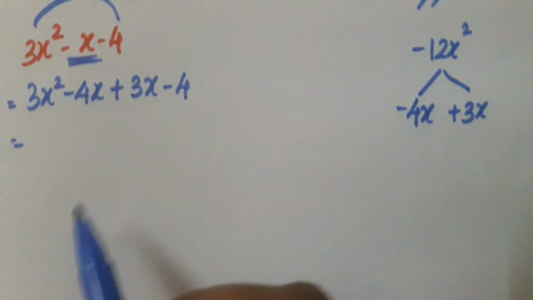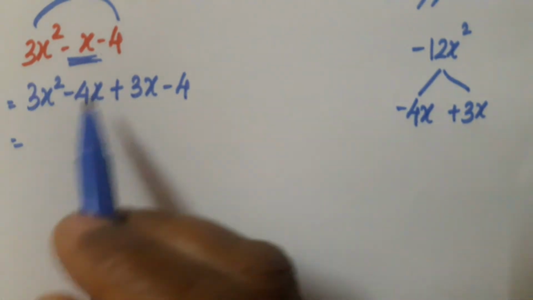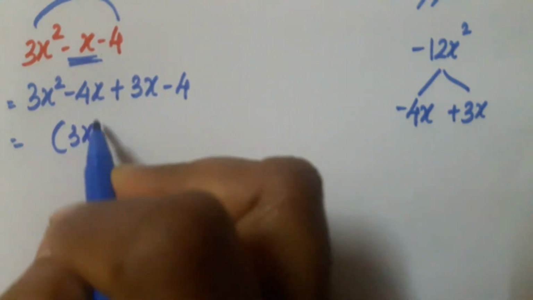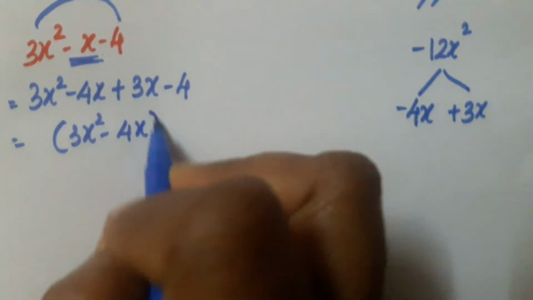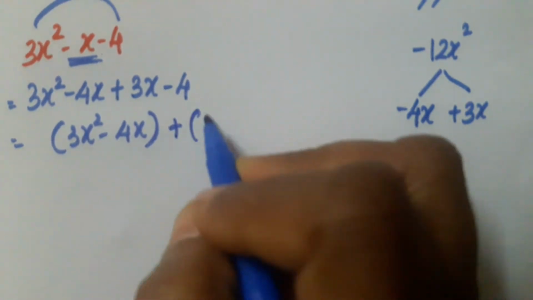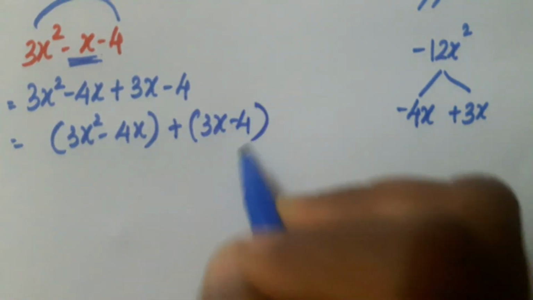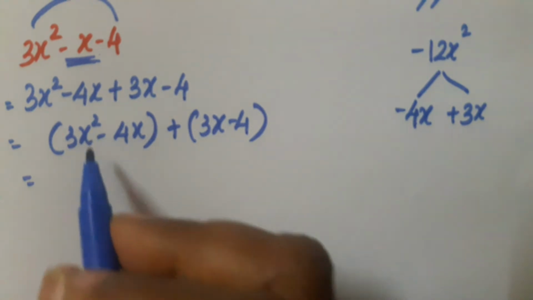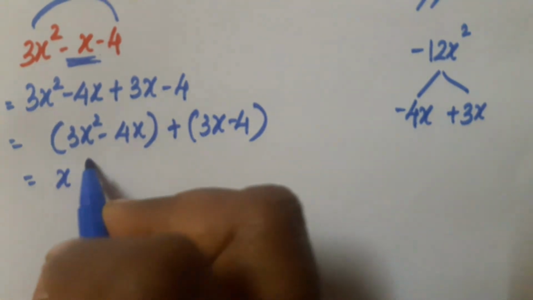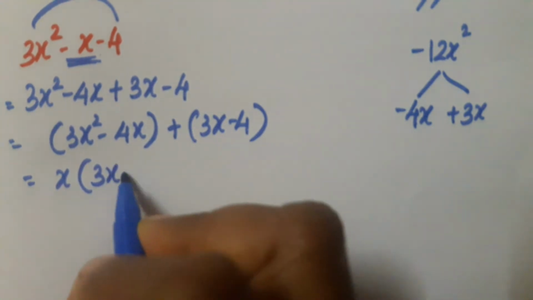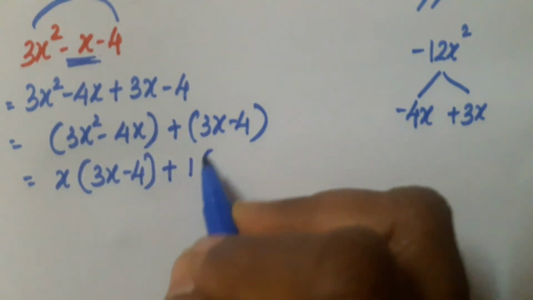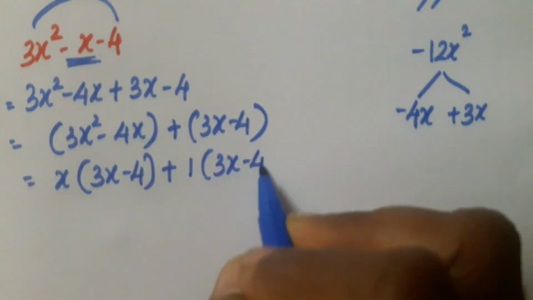So next step is we are grouping. As I said, we are going to group 2 together. So it is 3x square minus 4x, plus 3x minus 4. Now what is common here? We don't have any common except x. So I will take x out. So it is 3x minus 4, plus here 1 is common, so 3x minus 4.